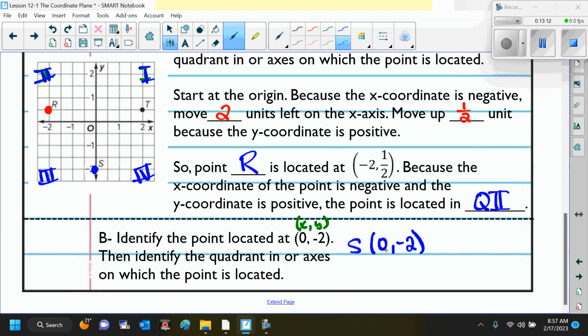So if you ever have a coordinate that has a 0, you know that you're going to be on one of the axes, okay? So which axis is it? Is it x or y? You just have to look. There's x, there's y. So we are on the y-axis. So that's another part of your answer.